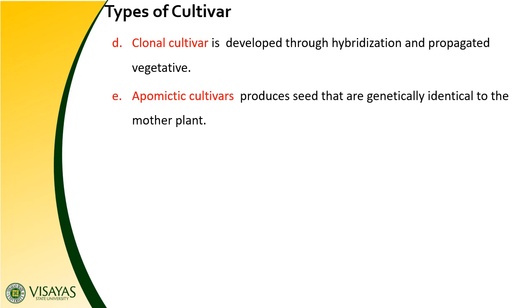Then you have apomictic cultivars. These are produced through seeds that are genetically identical to the mother plant. Basically, the seeds do not involve fertilization, so they are genetically the same as the mother plant.